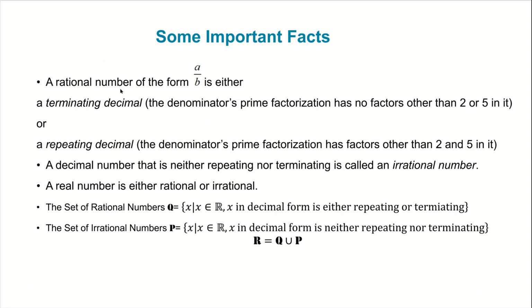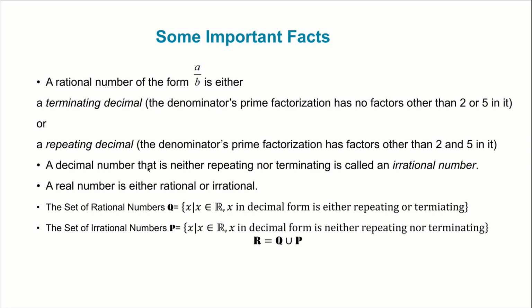One is that a rational number of the form a over b is either going to be a terminating decimal, meaning the denominator's prime factorization has no factors other than 2 or 5 in it, or a repeating decimal. The denominator's prime factorization has factors other than 2 and 5 in it. Of course, if the fraction is in simplified form, right?